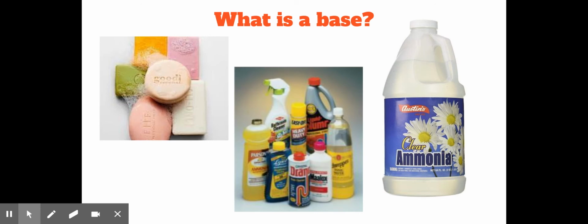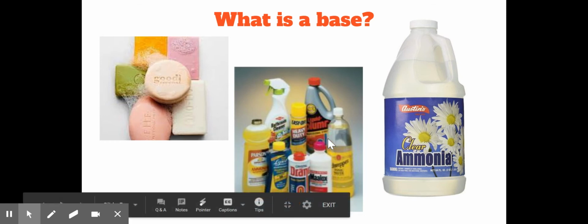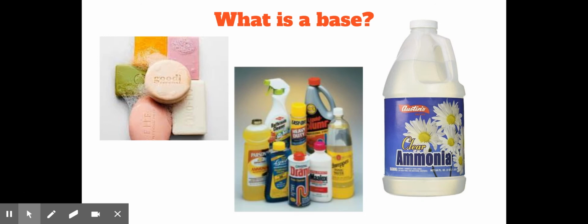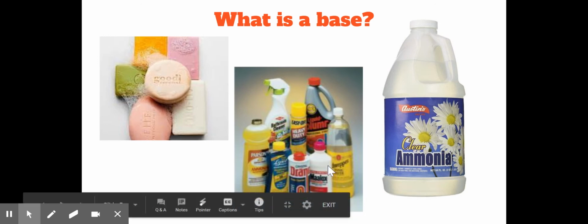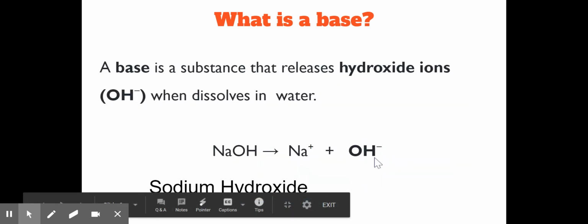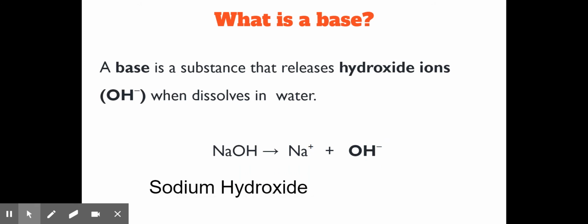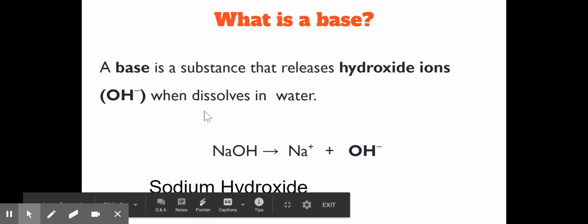The bases that we use in our life, or the typical ones, are soap, lots of cleaning detergents in your house, bleaches, drain cleaner, and ammonia, and we can even use it to bleach hair. Okay, so what is a base then? A base is a substance that releases hydroxide ions, which is written as OH-.